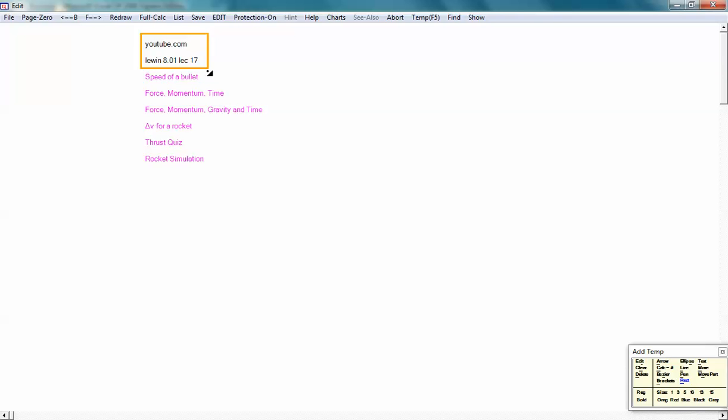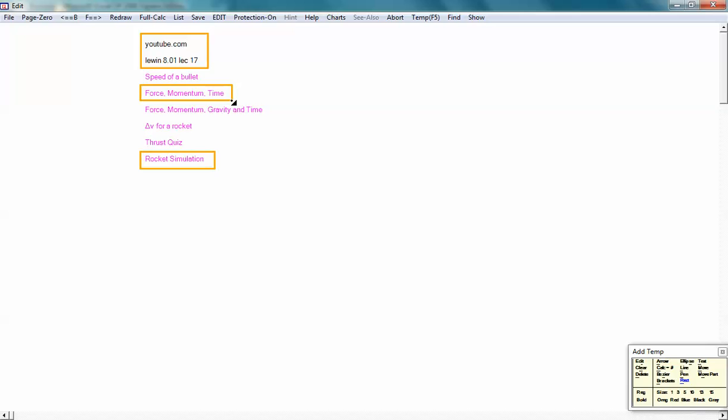Now what we're going to do is, first of all, look at a rocket simulation, which in some sense is the end point of the discussion, but it also gives us a nice platform for introducing all the concepts we'll be interested in. Then we're going to go back up here and talk about impulse. Impulse relates force, momentum, and time.